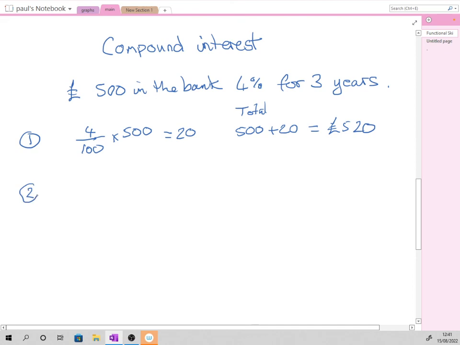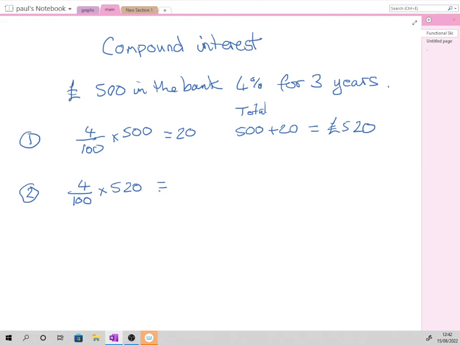Now the difference between working out compound interest and simple interest is as follows. In year 2, we have now got £520 in the bank. So we need to work out what 4% of this new total is. So 4 divided by 100 times 520 is £20 and 80 pence.